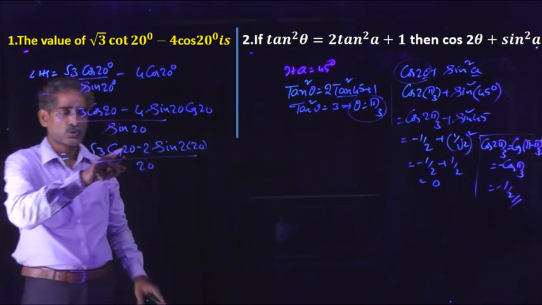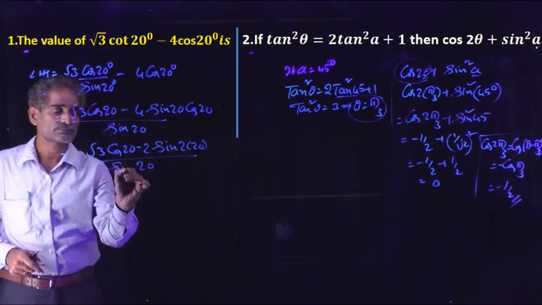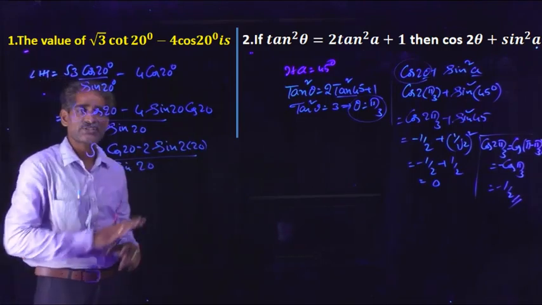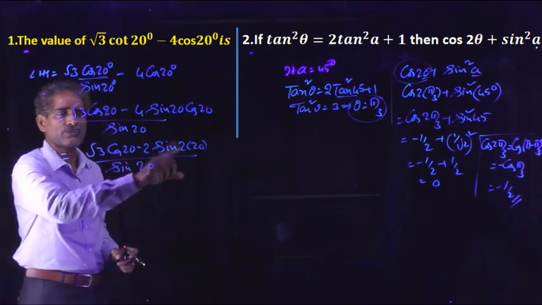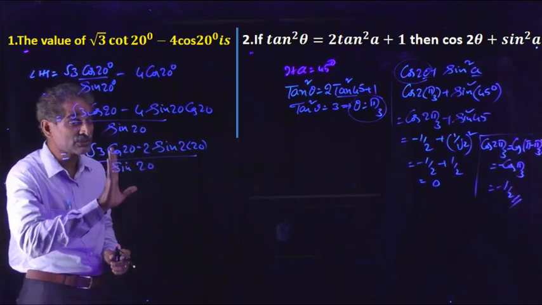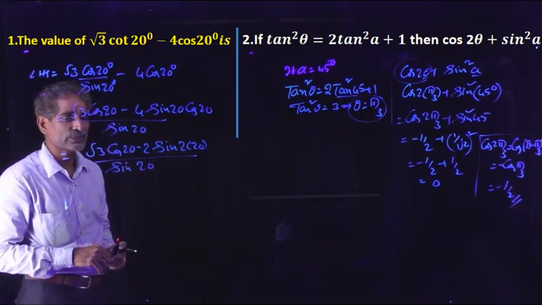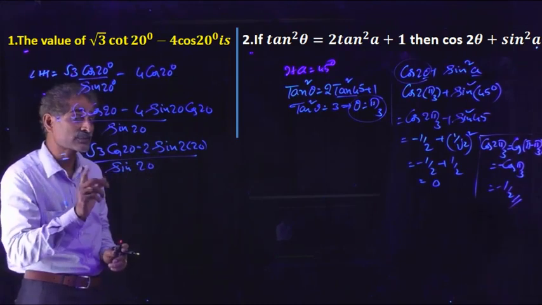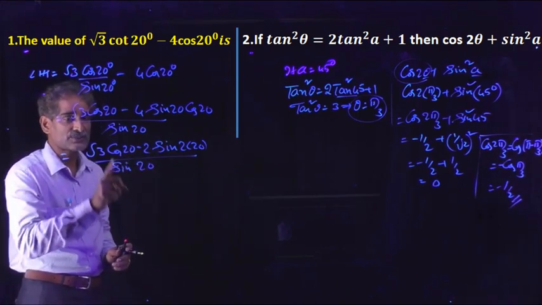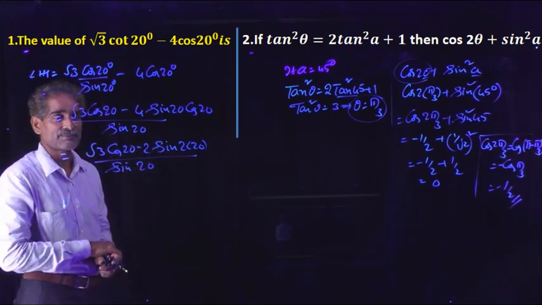Observe this. Here three functions are there: 20, 20, 40. 20 degrees is not a standard angle. Okay, how can we find this type of expression? Already we discussed this concept in 2 or 3 problems in previous sessions.